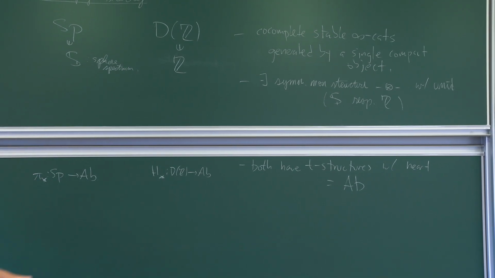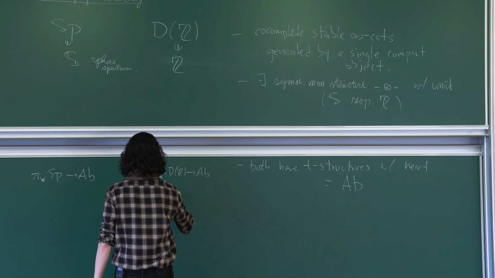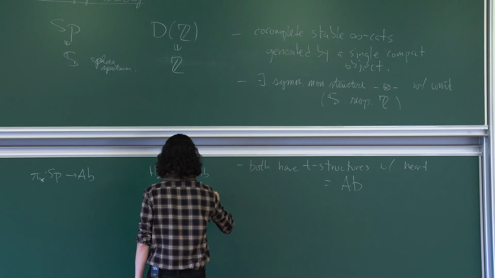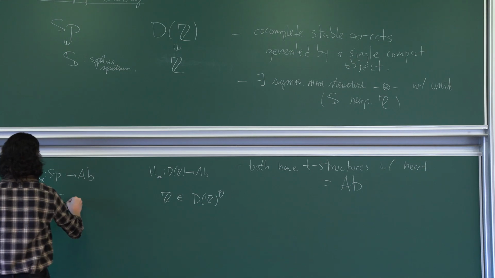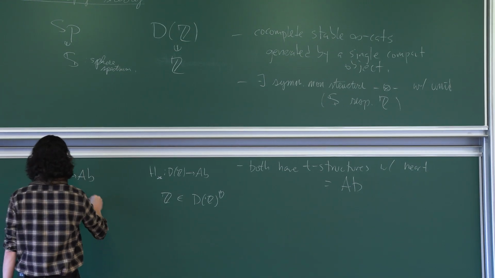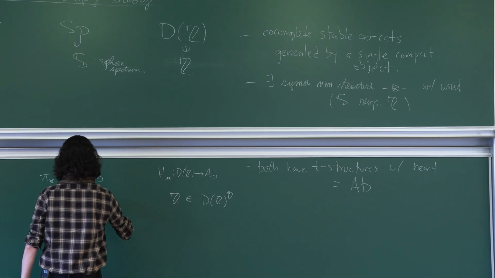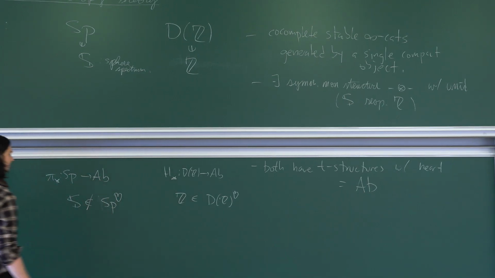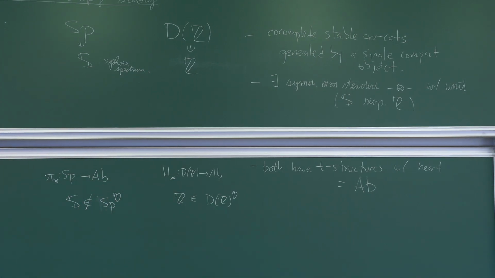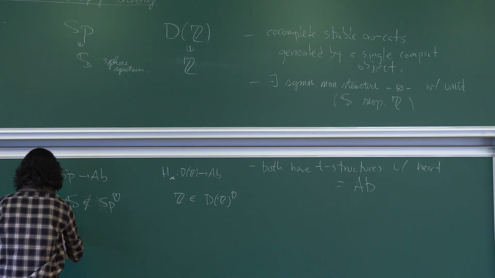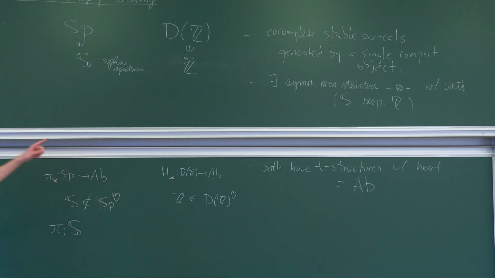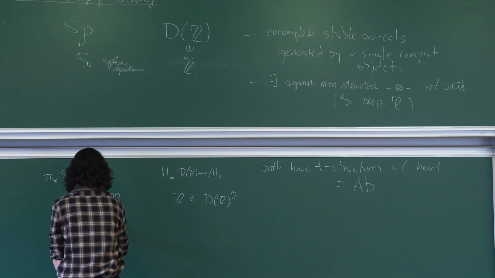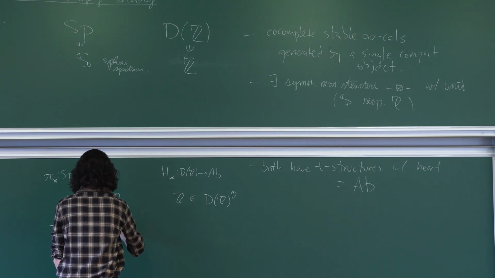There's a big difference. In this case, Z does lie in the heart of the t-structure. So the generator does lie in the heart, but in this case, the sphere spectrum, the generator here, does not lie in the heart. And in fact, if you look at the homotopy groups, so pi i of this object in the sense of this t-structure, these are the stable homotopy groups of spheres from algebraic topology.